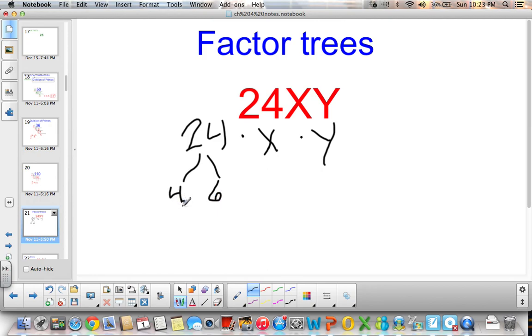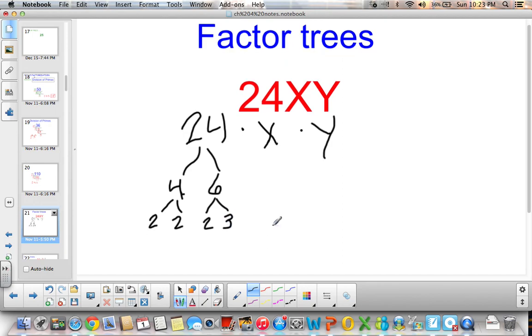And then I know that 4 can be factored out to 2 and 2, and 6 can be factored out to 2 and 3. And then if I rewrite it, I have 2 cubed because I have three 2's, one 3, one x, we can't forget our x, and we can't forget our y.